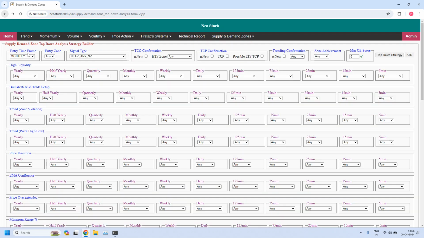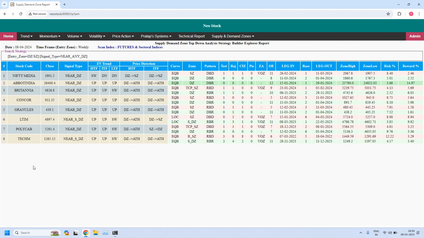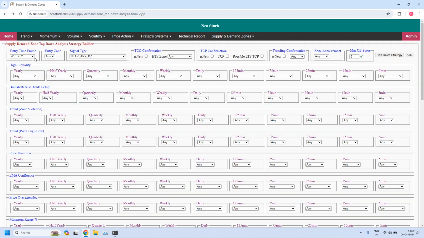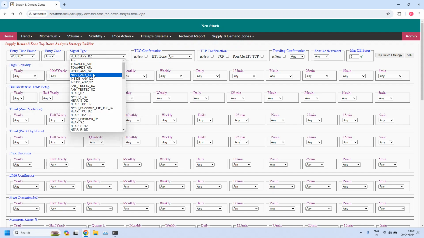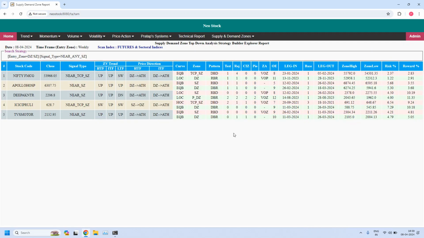I'm going back. Changing the time frame to weekly, let us find the stocks near weekly demand zone. These 8 stocks are filtered which are near to the weekly demand zone. Let me go back. For weekly time frame, let us find the stocks near weekly supply zone. These 5 stocks are filtered near to the weekly supply zone.